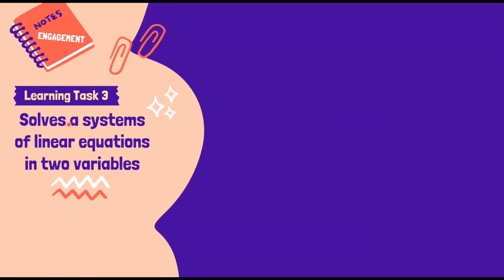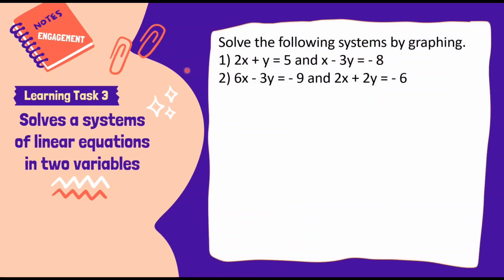Okay, for your learning task number 3, which is the engagement part, solve systems of linear equations in two variables. Gagamitin natin dito yung 3 methods. The first one, you need to solve the following systems by graphing. Ito yung dalawa nating equation. Definitely you need to use your intermediate paper.